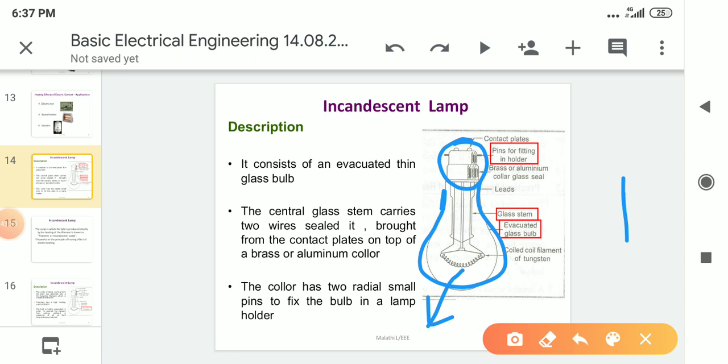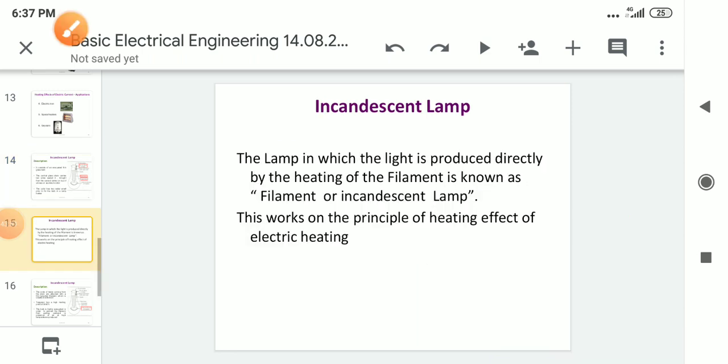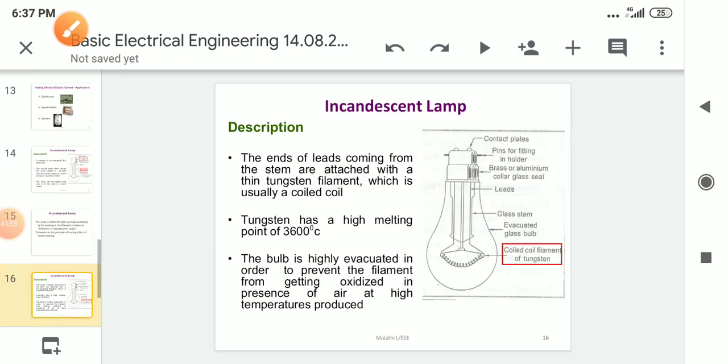Tungsten has high resistive properties and a high melting point of 3400 to 3600 degrees centigrade. That's why tungsten is especially used for this type of purpose. Okay, this is about our first application, that is the metal filament lamp.